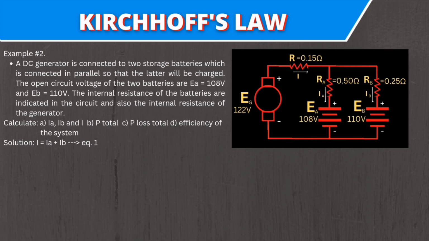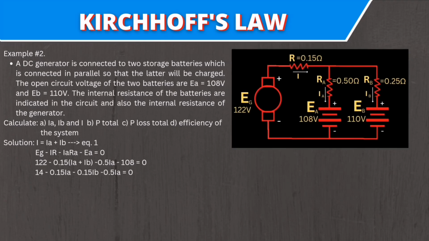Then next we have to write the voltage equation. E sub G minus I times R minus I sub A times R sub A minus E sub A is equal to 0. Substituting the values of the equation and the values of the resistors to this equation, we will have 122 minus quantity I sub A plus I sub B times 0.15 minus I sub A times 0.5 minus 108 equal to 0.